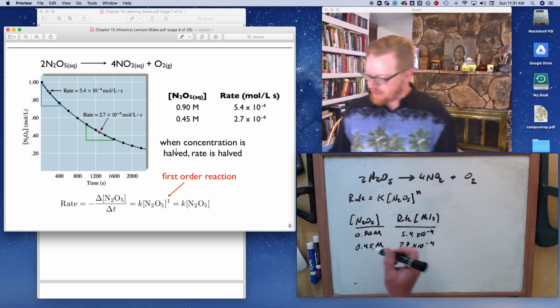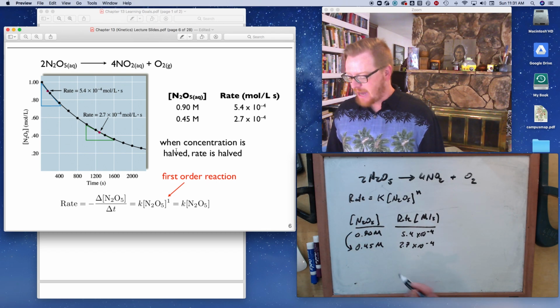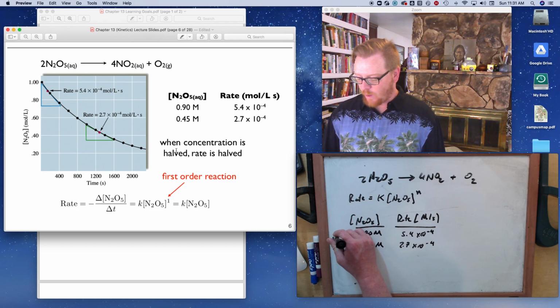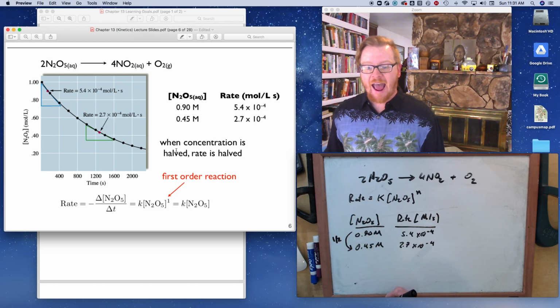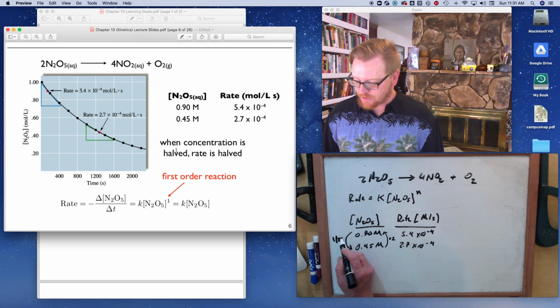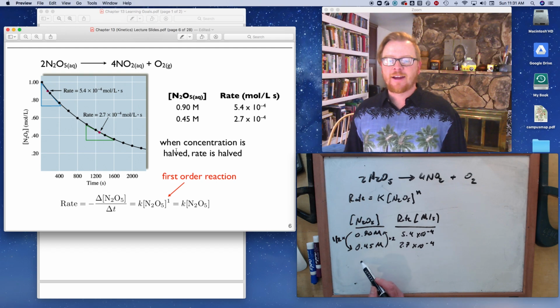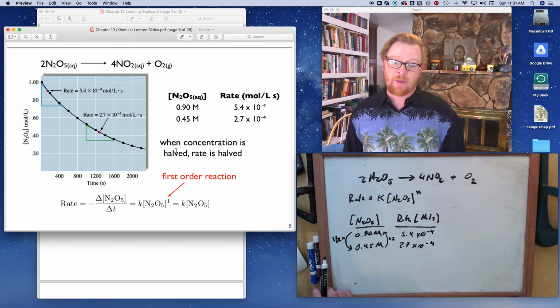What I mean by that is, when I go from this data point to this data point, the rate went down by 1/2, or I could look at it the other way: going from this data point to this one, the concentration goes up by 2. If I go from here down to here, concentration went down by 1/2.